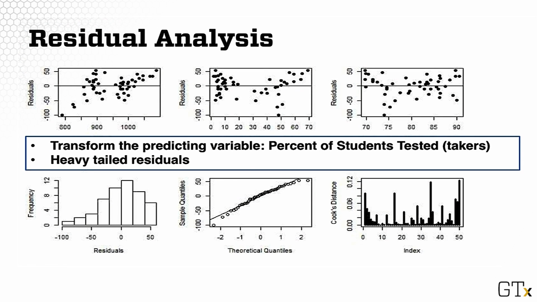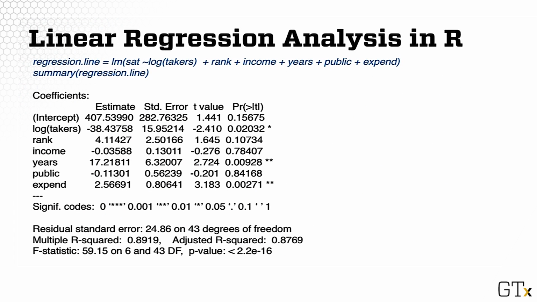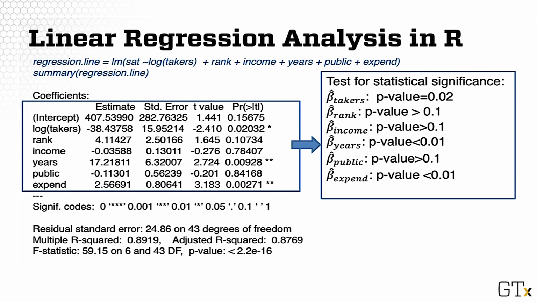Next, we're going to transform the predicting variable takers, and we will redo the analysis using this transformation. So now we're going to look at the linear model where we replace takers with log of takers, and this is the output of this model. Note that while in the model without the transformation, takers was not statistically significantly associated to the SAT score, given all other predictor variables in the model, now with the transformation, it is statistically significant at the significance level of 0.05.